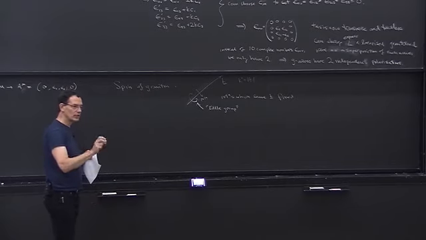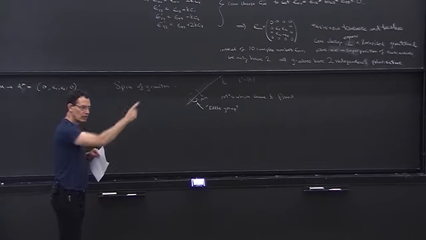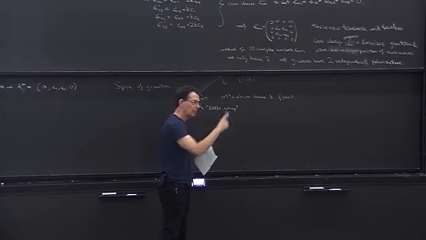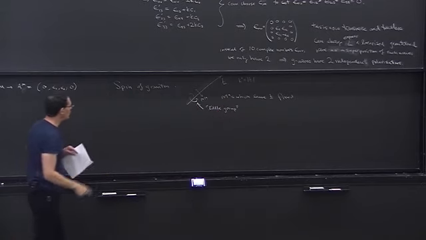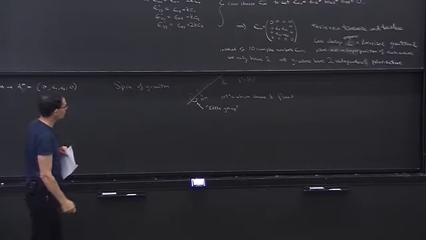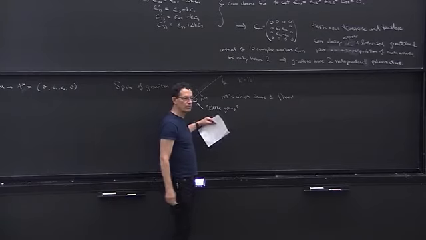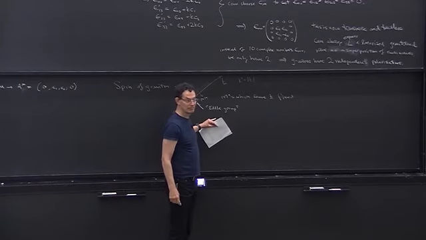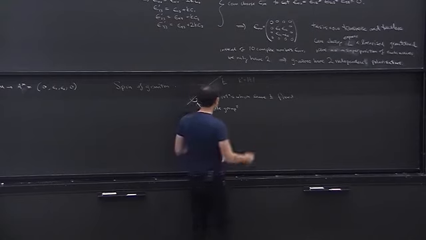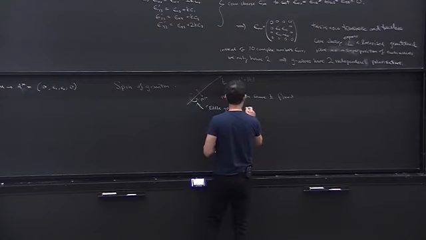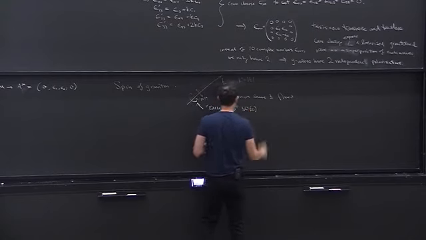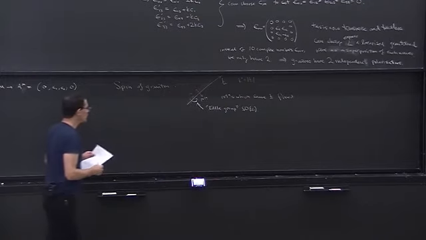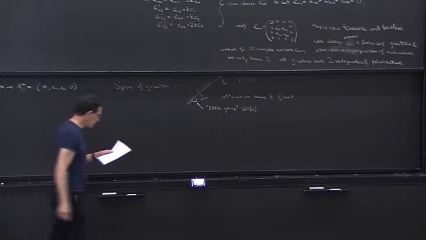And he called the little group the group that leaves the wave number or momentum of a particle unchanged. What is the group? SO2. It's actually, yes, SO2. Right, just 2 by 2 matrices, 2 by 2 rotations around that vector.